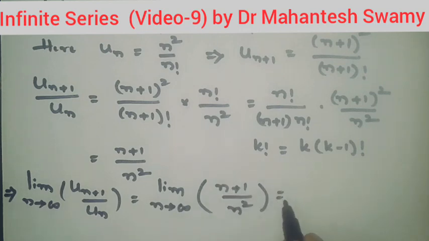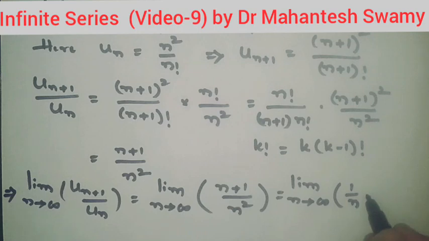So it is simple, by separately dividing we can proceed. Limit as n tending towards infinity of n by n square is 1 by n, plus 1 by n square as it is. So for the final answer we substitute n equal to infinity. 1 by infinity is 0, plus 1 by infinity square is again 0. So 0 plus 0 is equal to 0.